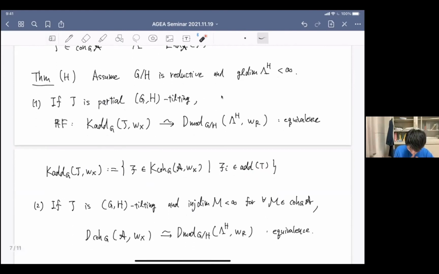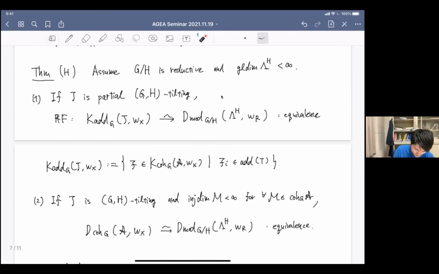And second, if T is G-H tilting, and if the injective dimension of all equivariant coherent A-modules is finite, then the same derived functor induces an equivalence between derived factorization categories.